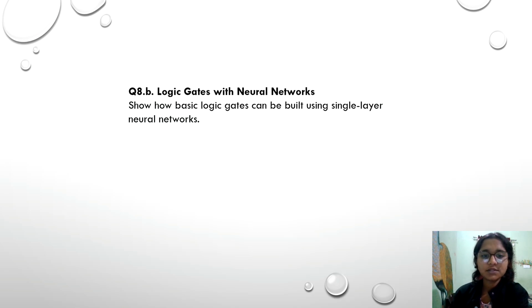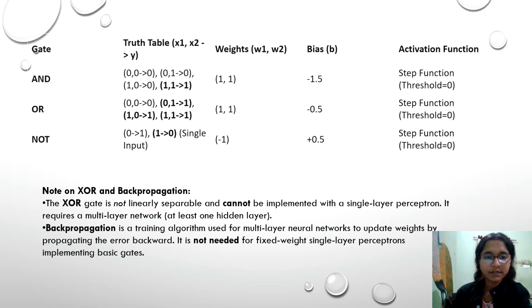Now the next question is logic gates with neural networks. Show how basic logic gates can be built using a single layer neural network. So here is the table for AND, OR and NOT gates, and a note on XOR and backpropagation.